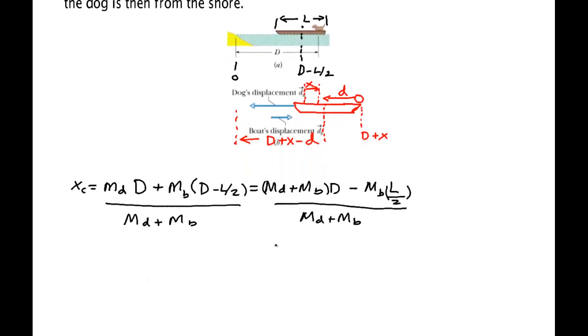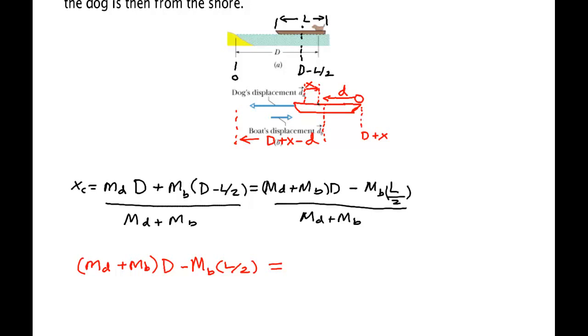I'm going to recompute the location and equate it to the initial location of the center of mass. Like I said, I don't need to really care about the denominators, they cancel out. What I have for the numerator is, initially, mass of dog plus mass of boat, all of that times d, minus mass of boat times L over 2, and that has to equal my new set of positions.